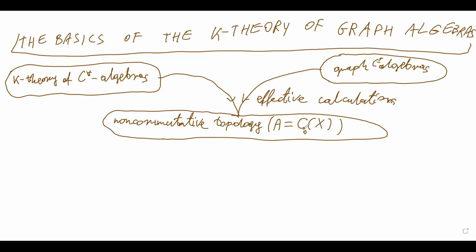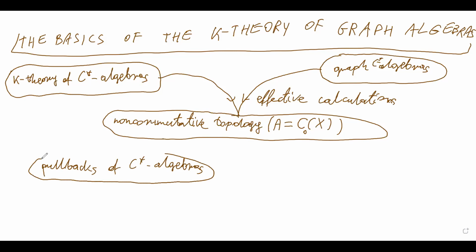But I would like to tell you now what is particular about this lecture course, and it is that we study pullbacks of C*-algebras. We focus on pullbacks of C*-algebras, and we unravel them as coming from pushouts of graphs.